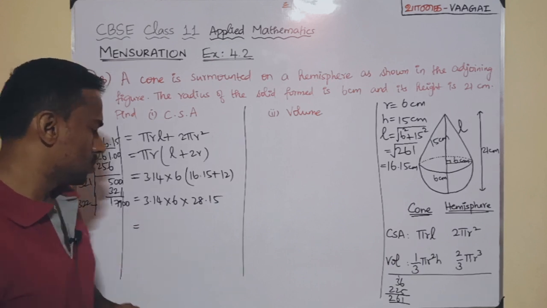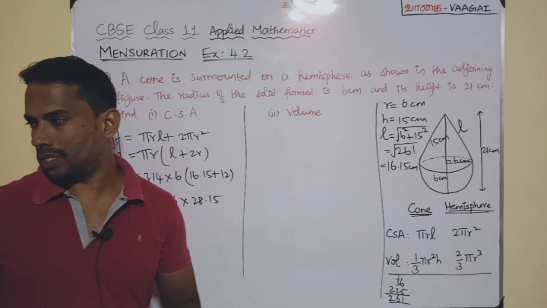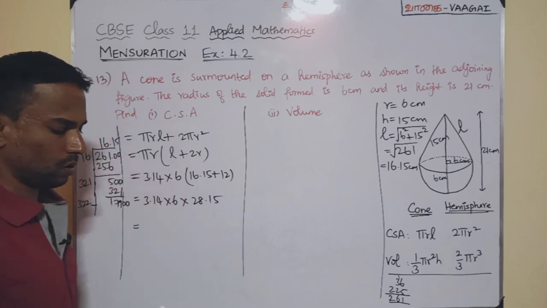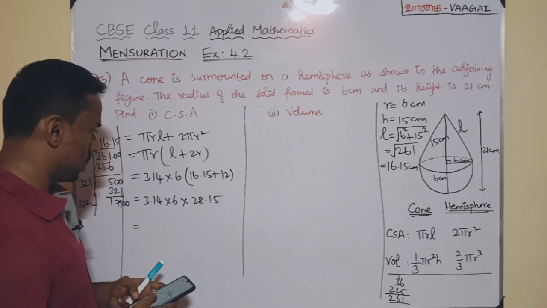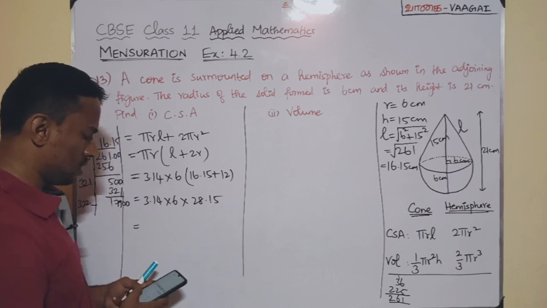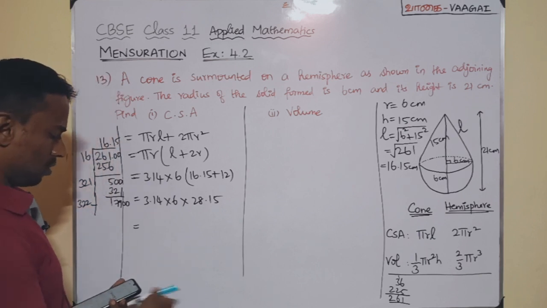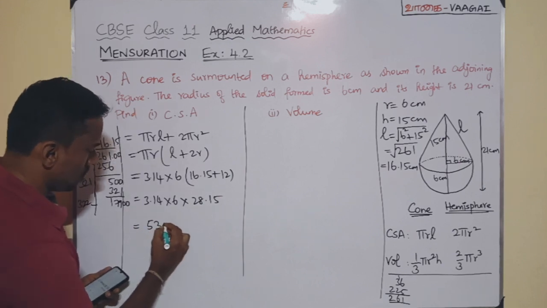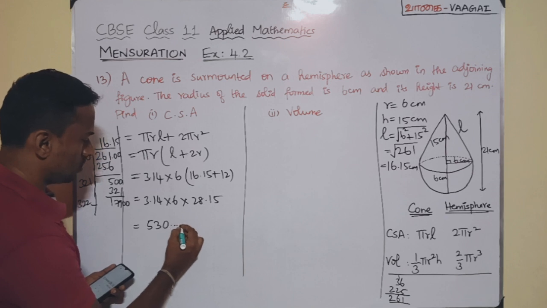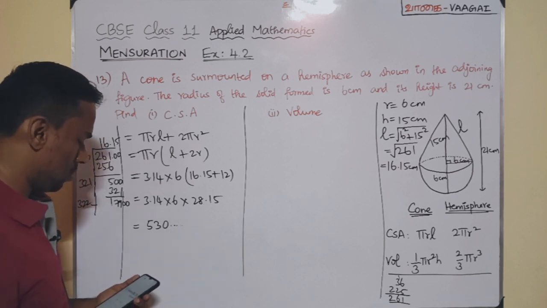Okay, yes. So since this calculation is going large, let me use my calculator, which I have in my mobile. So 3.14 into 6 into 28.15. So this comes around 530 point something. Okay, yes. So this is what I'm getting here.